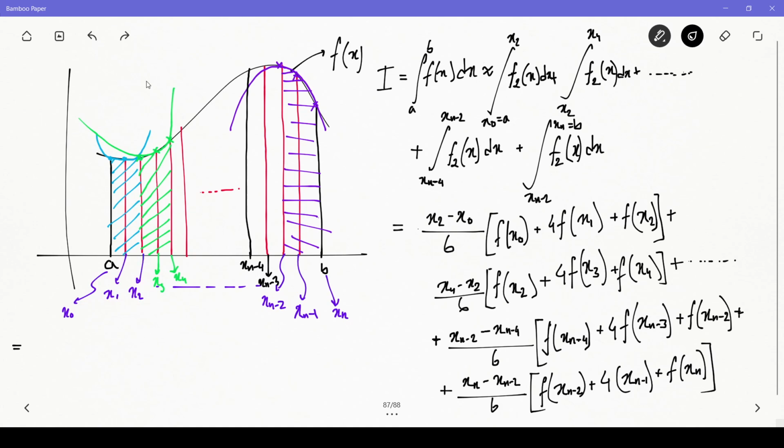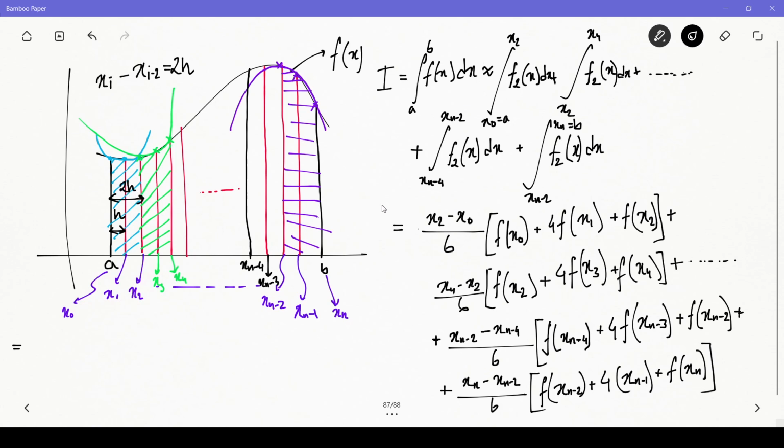Because for a value of i where i is even, xi minus xi minus 2 is equal to 2h, because we know the width of each segment is h, and the width of two consecutive segments will therefore be 2h.